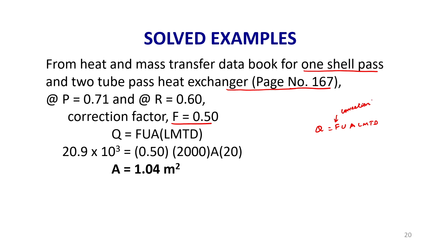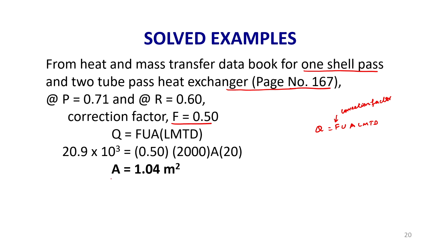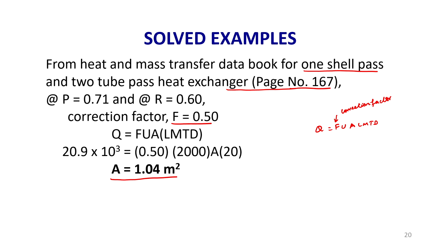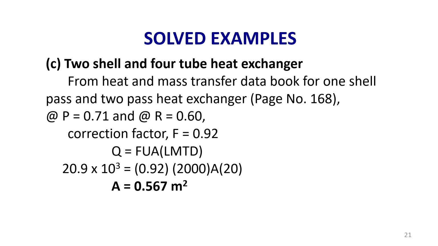The correction factor is 0.5, referred from the chart on page number 167, which is for a single shell pass and 2 or more tube passes. You can see the heat transfer area increases from 0.52 meter square; it is doubled compared to the previous one. Now, let us do a similar analysis for 2 shell and 4 tube passes.